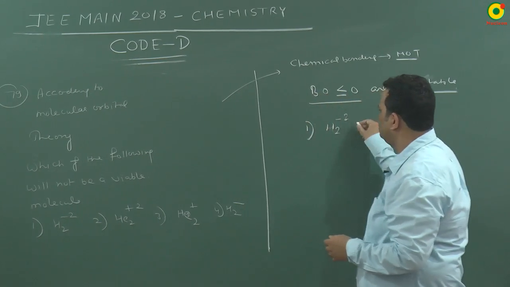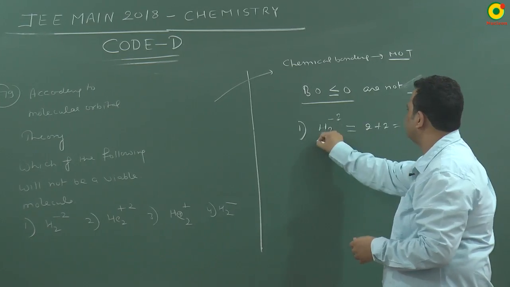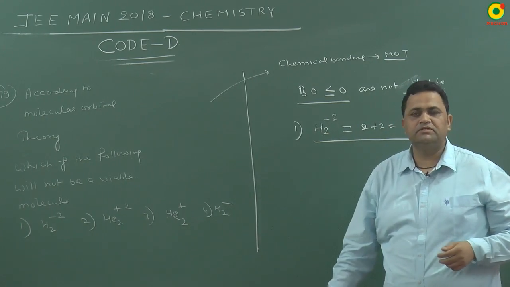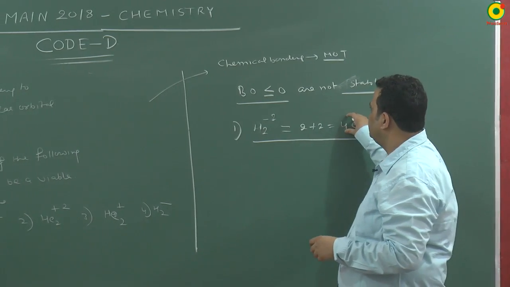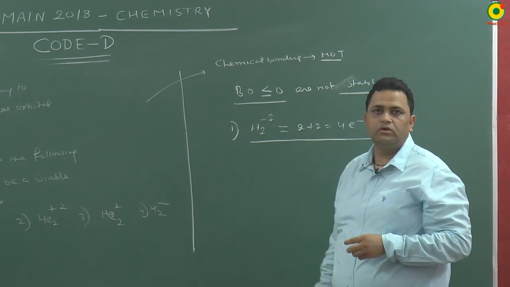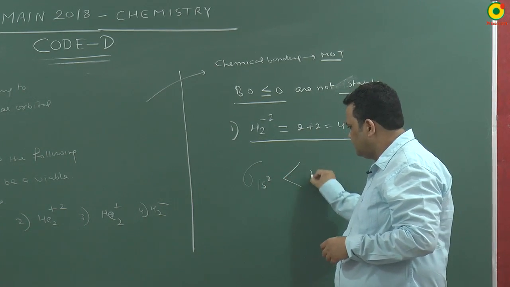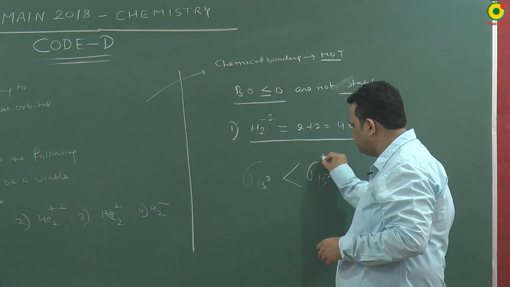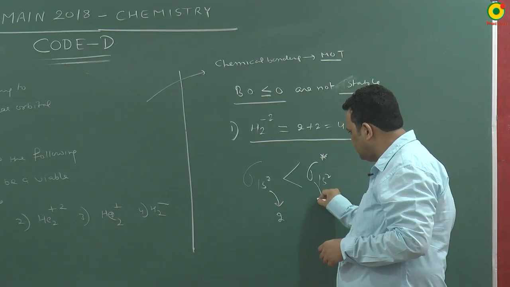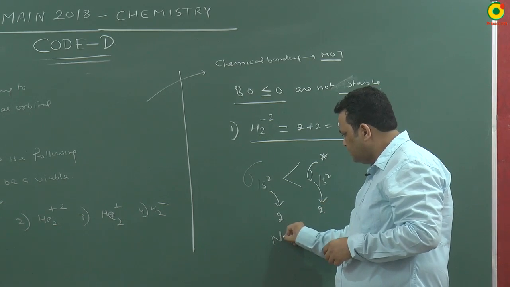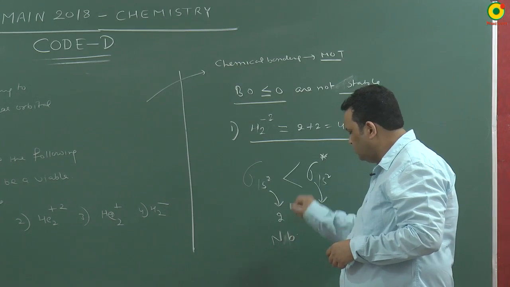H2 2- means 2 plus 2 is equal to 4 electrons. We have to fill these 4 electrons according to molecular orbital theory. If I put sigma 1s2, then sigma 1s2 star, in the bonding molecular orbital 2 electrons are there, and in the anti-bonding orbital the 2 electrons are there.